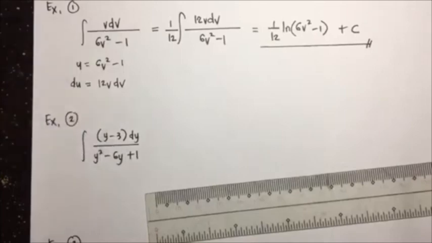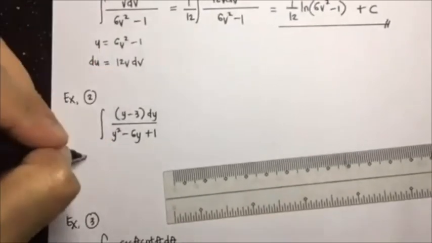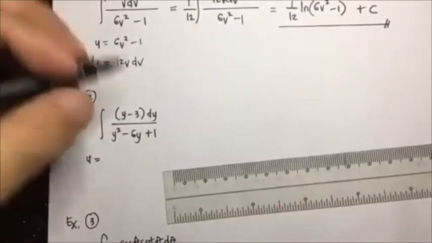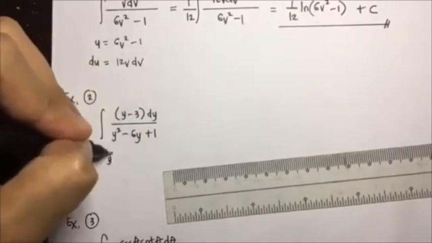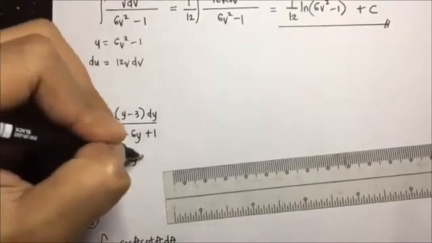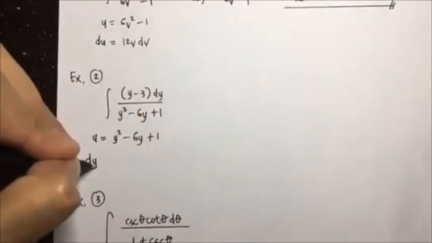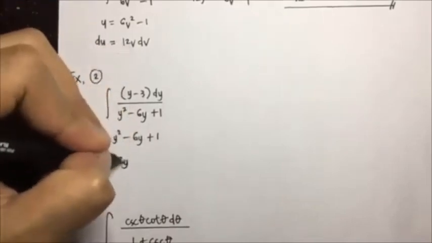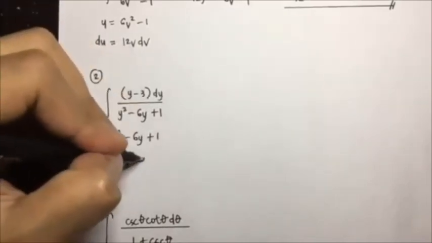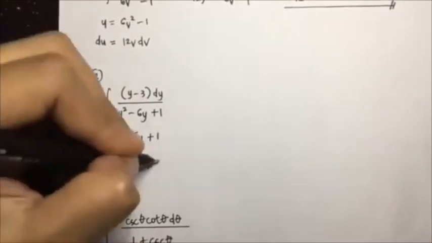Okay, so applying the formula, our u here would be y squared minus 6y plus 1. So our complete differential should be 2y minus 6 dy.